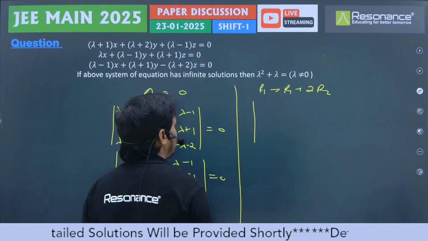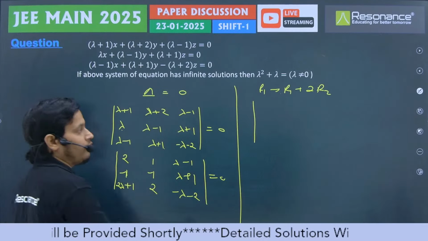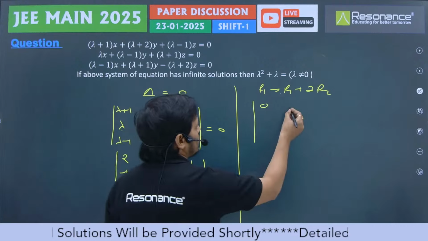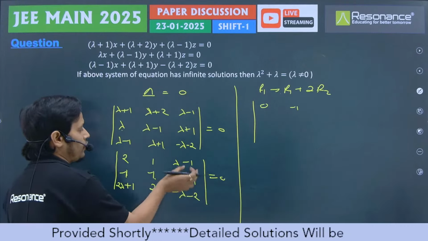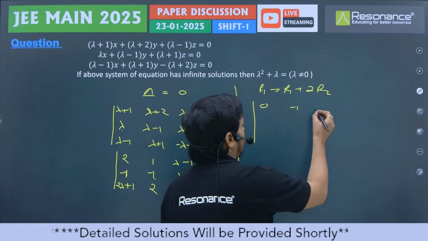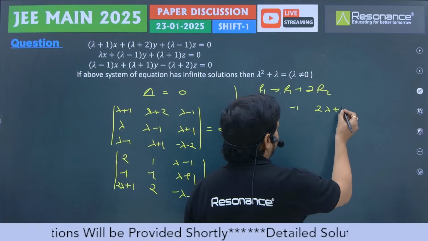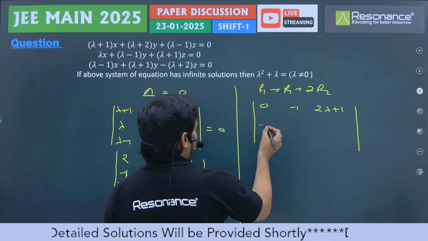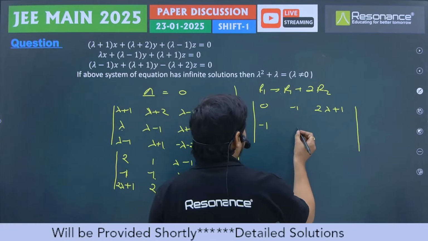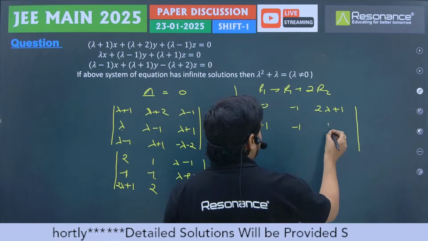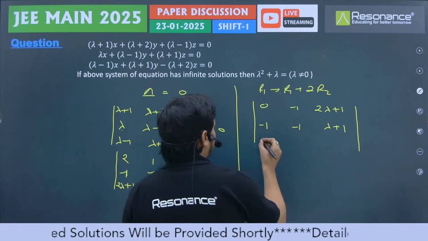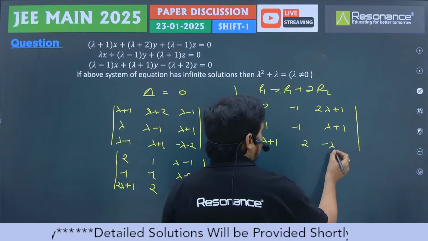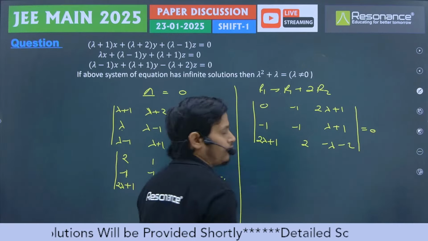If you add twice of this one here, it comes as 0. If you add twice of this one here, this becomes minus 1. If you add twice of this one here, then we are getting 2 lambda plus 1. And R2 is kept the same, minus 1 and lambda plus 1. Then here we have 2 lambda plus 1, 2, minus lambda minus 2, equal to 0.